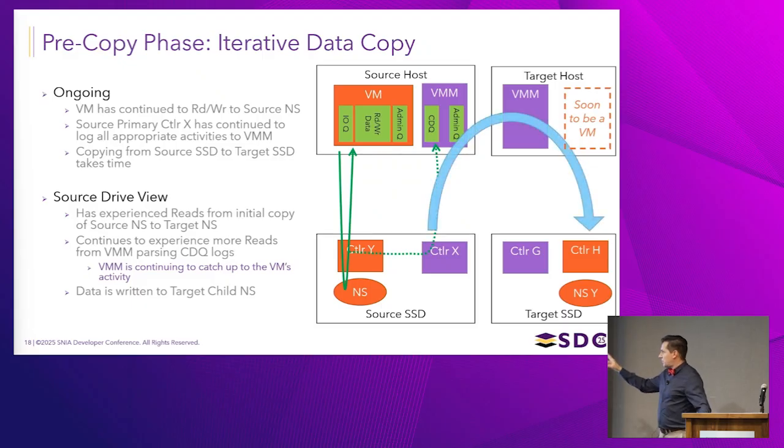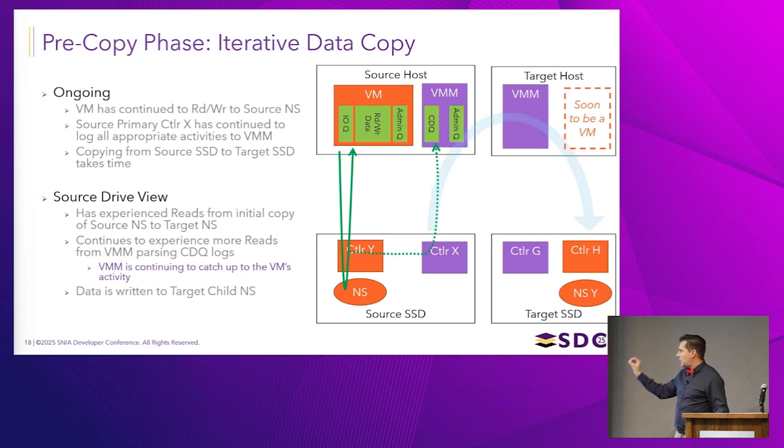Yes. So the VM is locally working with its controller Y and namespace. The VMM is the one receiving the logging for what activity is happening over on the child. So it's receiving that, and so the VMM, through potentially a shared namespace, is able to do direct reads from controller X down to the namespace.